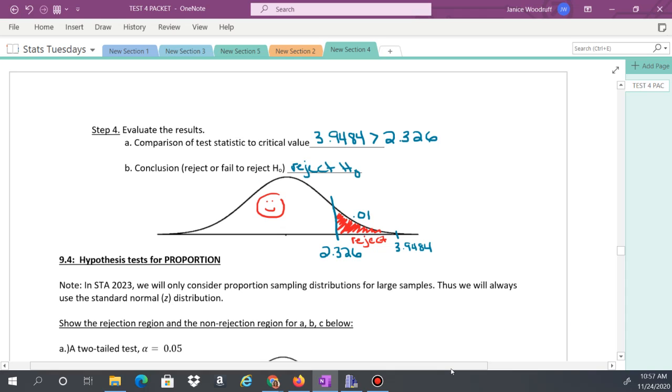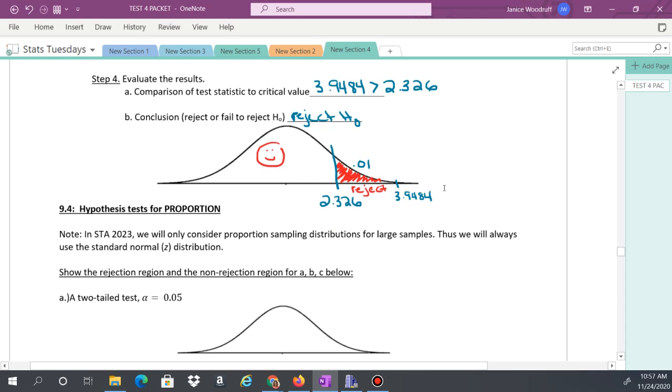Okay, which means we have reason to believe that the mean credit card debt of Americans is greater than $15,706. That's all you're saying there. You're not saying it is, but you have reason to believe it is based on this test. Okay, that is the critical value approach.